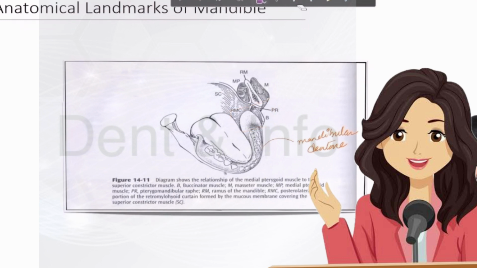What do we see? The first structure that we see just lateral to the denture. This is the midline of your human body. Anything that will be towards this will be called medial. Anything that will be away from it will be called lateral, right? I hope this is something that you understand.